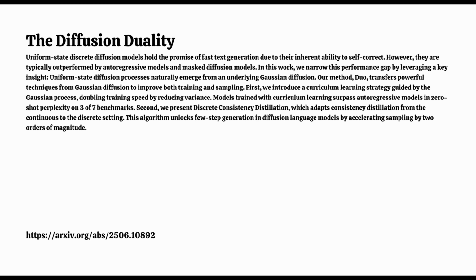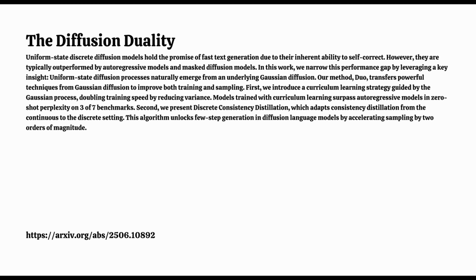Okay, so let's try to wrap this up. The core achievement here seems to be establishing this really fundamental link, the diffusion duality, between continuous Gaussian models and these uniform state discrete models. Right. Centered around that argmax operation. And crucially, they didn't just leave it as a theoretical insight. They built the Duo framework to actually use this duality.